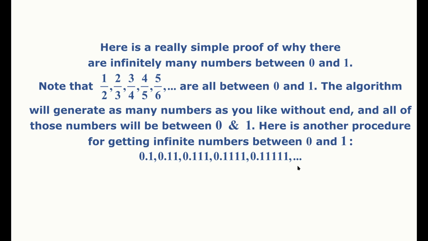Again, this process can go on forever. And look at that, I haven't even made it to 0.2, and I already have infinitely many numbers that can fit between 0 and 1. So this is the case for any two distinct real numbers. You pick any two distinct real numbers, no matter how close to each other they may be, you can still fit infinitely many more real numbers between those two real numbers. This is what we mean by the real continuum.